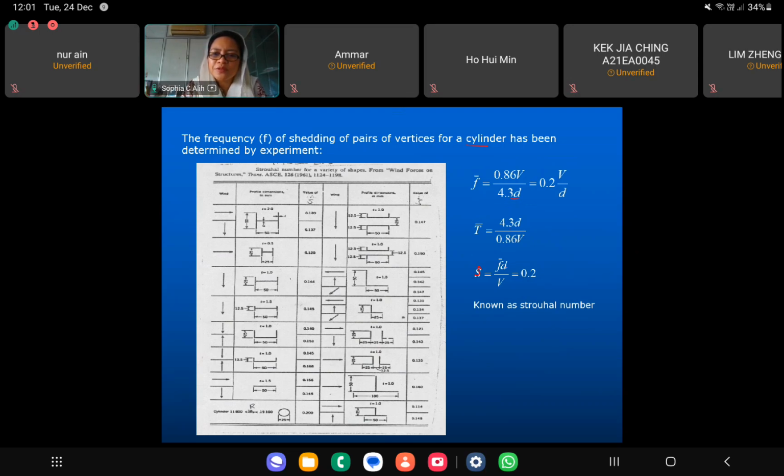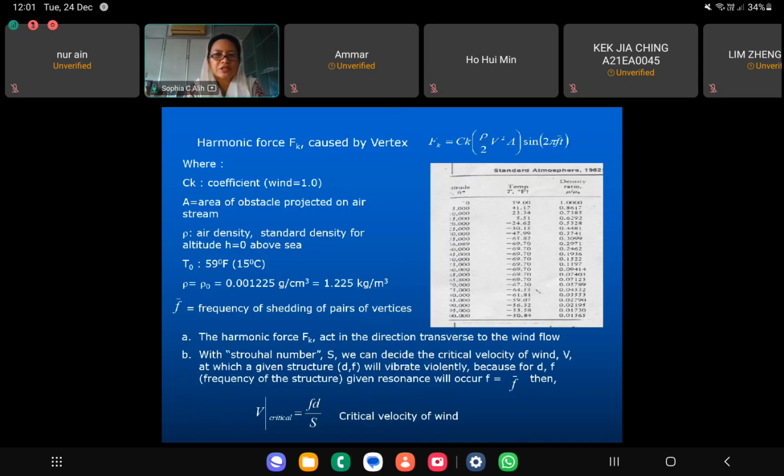The Strouhal number is the frequency times diameter divided by velocity, which is equal to 0.2. So what is given by your code is the Strouhal number, which you can also use to calculate your vortex shedding or your critical velocity. We will see that after this, in the calculation.